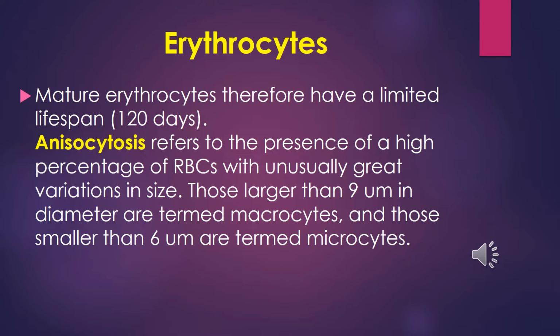HbA is present more after delivery and forms new hemoglobin in the first half year after delivery. The second type, HbF, is present in the period of pregnancy, and the process of binding oxygen is more active in HbF.